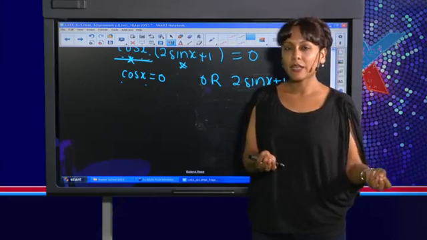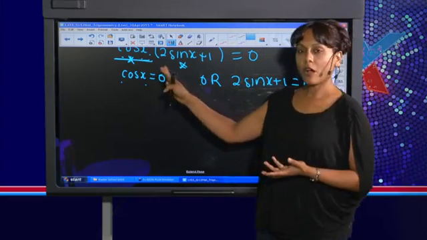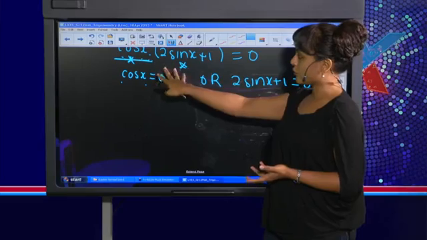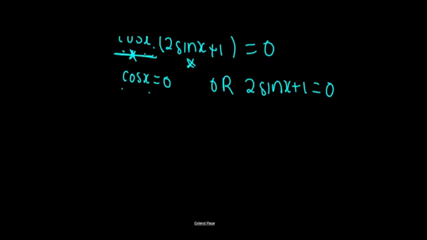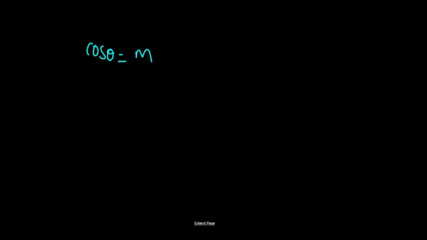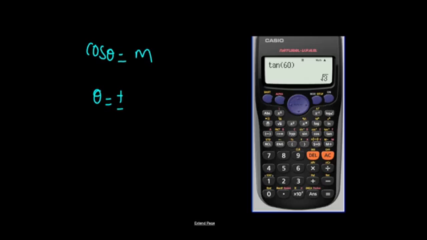That many of you already know and already apply, where for cos of an angle equal to a ratio, your general solution is, okay, so this is an aside. Say I've got cos theta is equal to m. When I'm finding a general solution for cos theta, my answer is theta is equal to plus or minus, and I'm going to use your calculator button, which is shift. If I say shift cos, we know I'm looking for an angle, and you see what happens? You get cos to the -1.